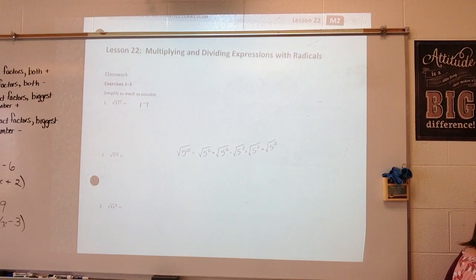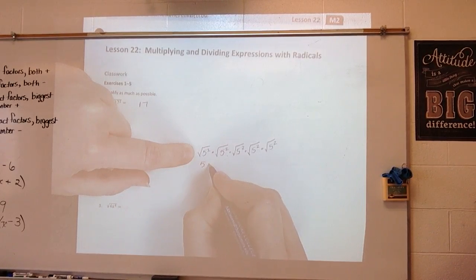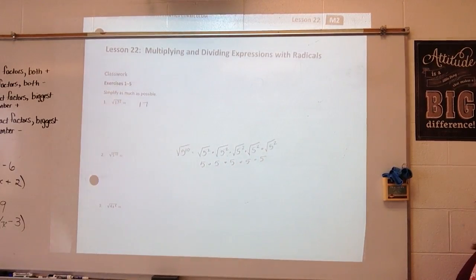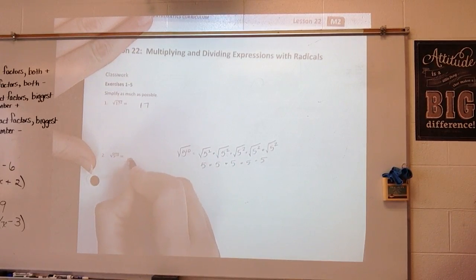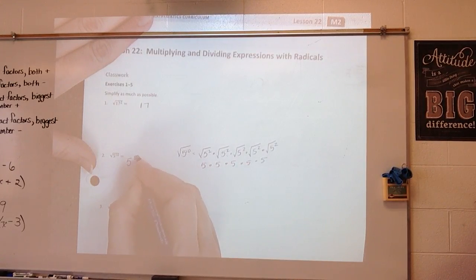All right, so I can rewrite it like that. What is the square root of 5 squared? Well, that is 5 times 5 times 5 times 5 times 5. I don't have to multiply this out. I'm just going to say that it is 5 to the 1, 2, 3, 4, 5th power.